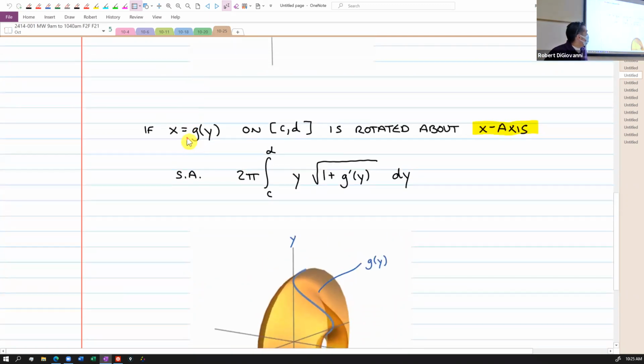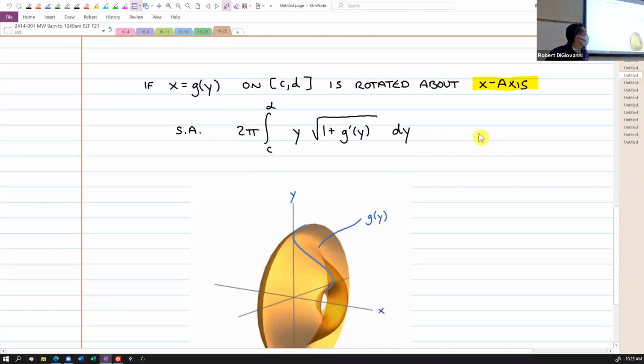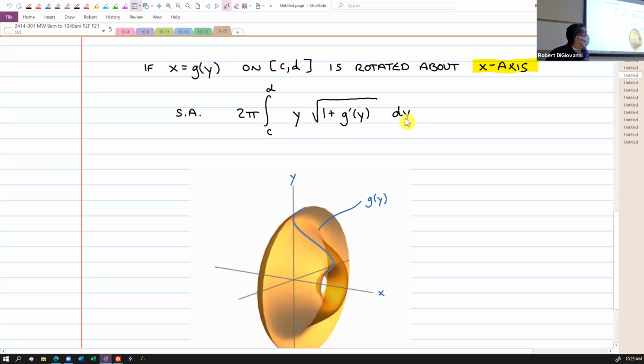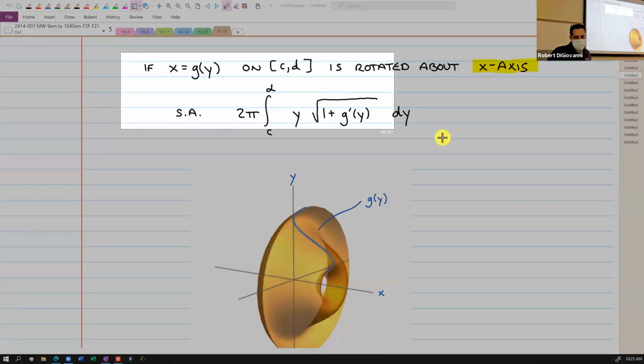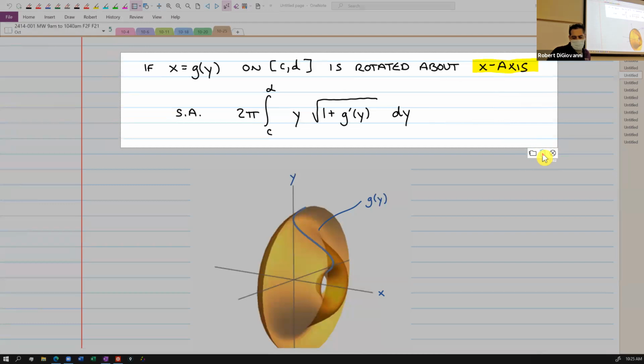If it is a function of y on some interval c, d, and we rotate about the x-axis still, then here's the way the formula changes. You get 2 pi y, and then square root of 1 plus g prime of y squared dy. We need to do an example of this one because there's something a little bit tricky in this formula. I'm going to copy it.